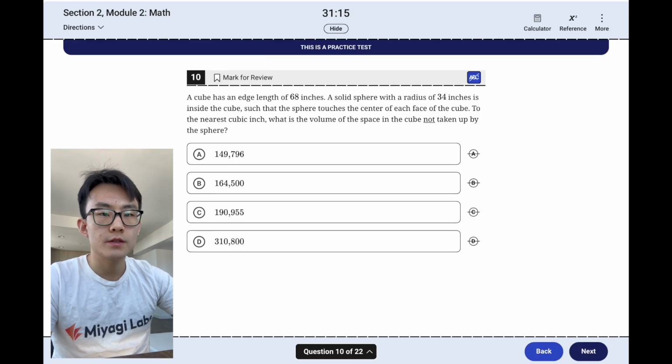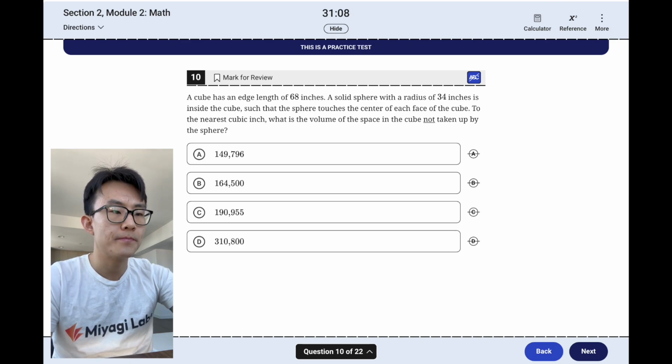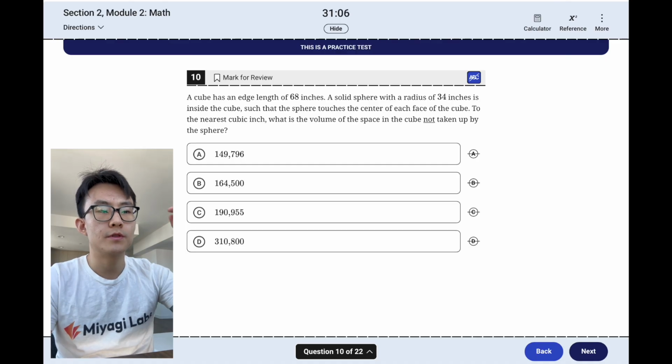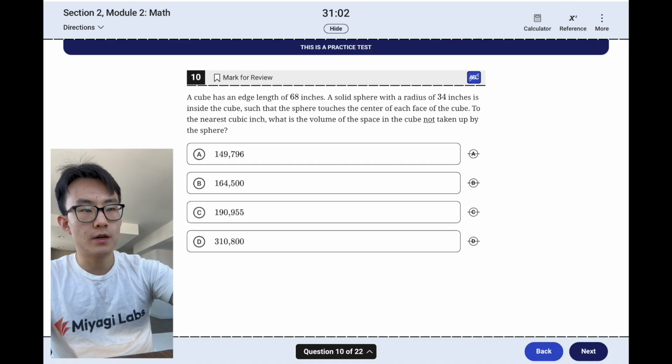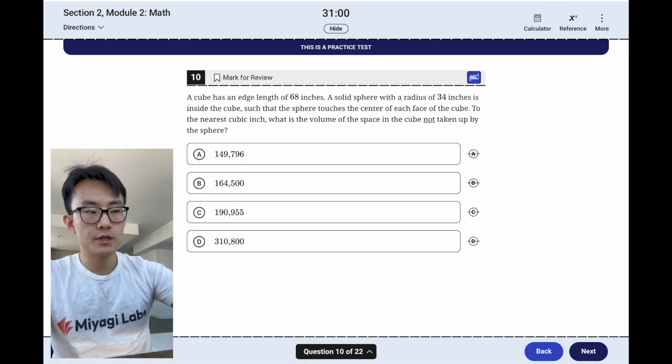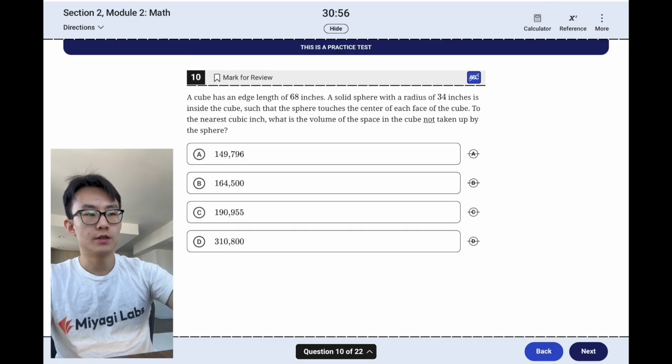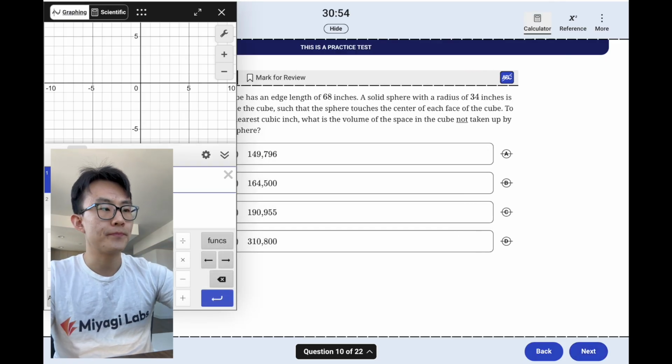A cube has edge length 68. A solid sphere is inside so that the sphere touches the center of each face of the cube. What's the volume of the cube minus the sphere? Okay, so it's going to be 68 cubed minus the volume of the sphere.